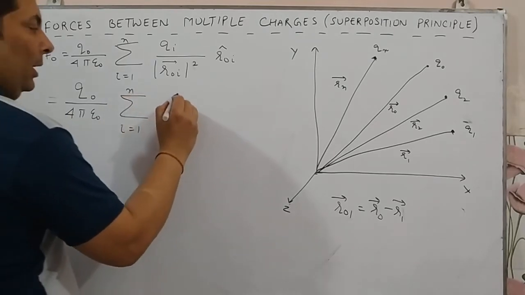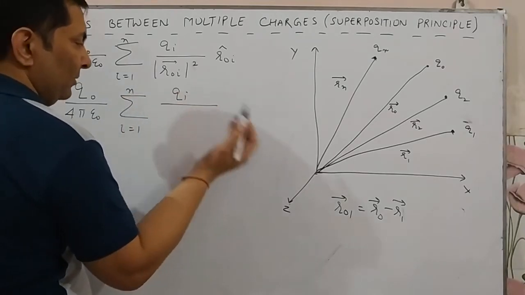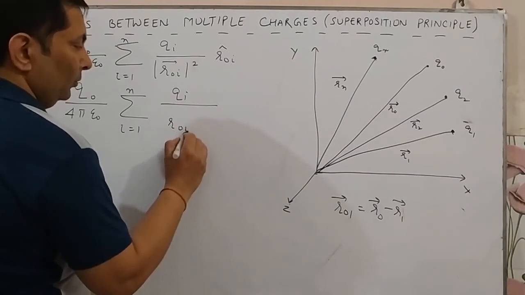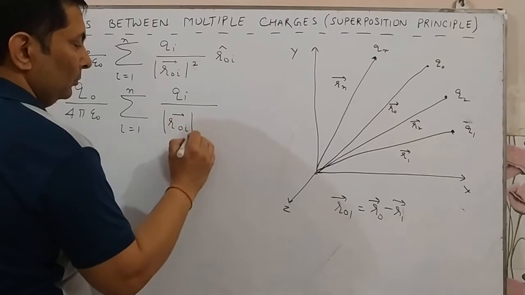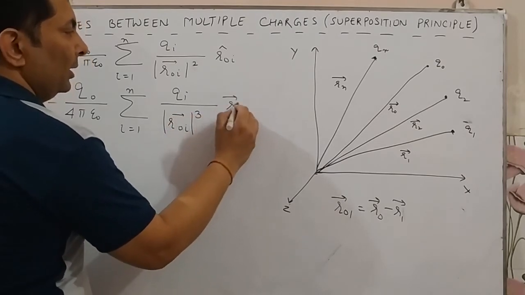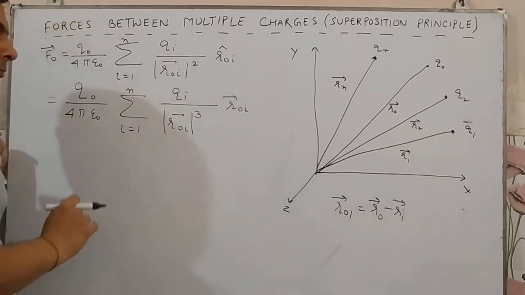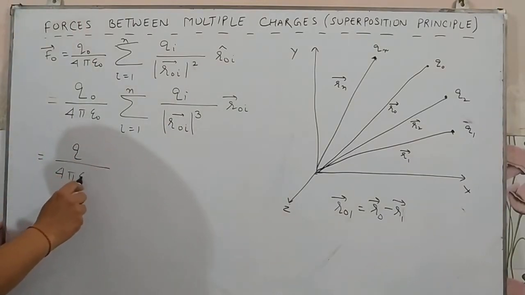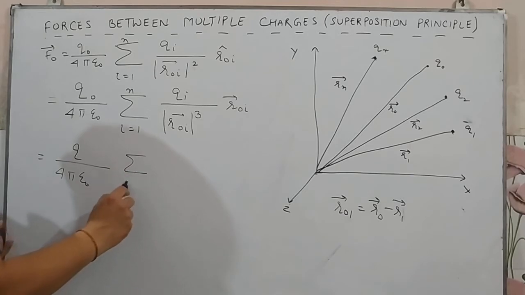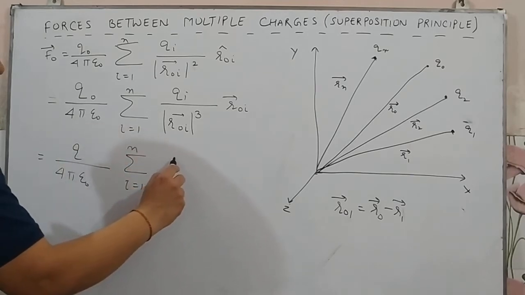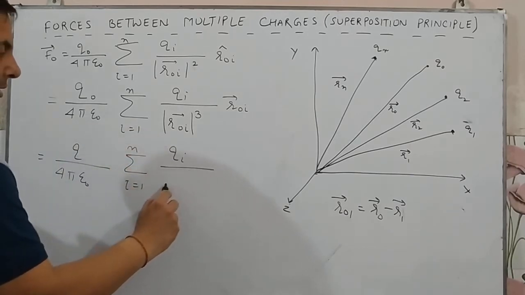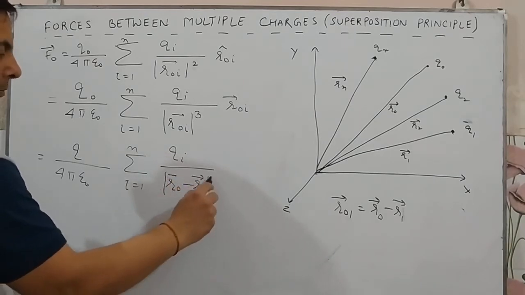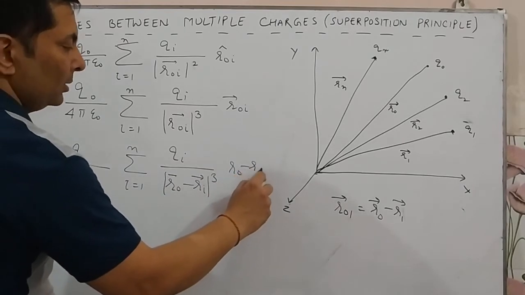As we discussed earlier, this can also be written in vector form, Qi over R0i cube. The final result will be R0 minus Ri cube, R0 minus Ri.